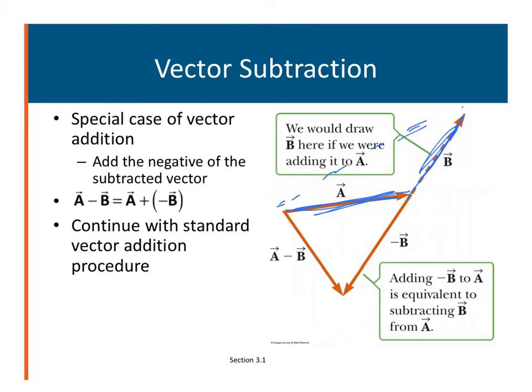So really we're adding the negative of B. So the negative of B is just 180 degrees off, and the same magnitude in the other direction. So that gives us our resultant right here of vector A minus vector B.